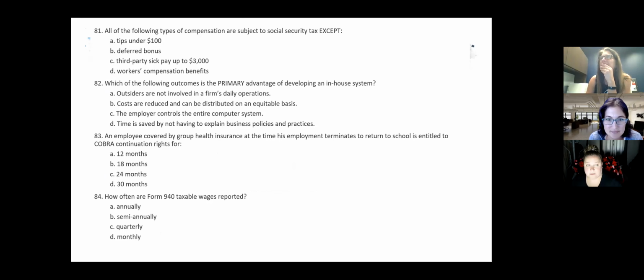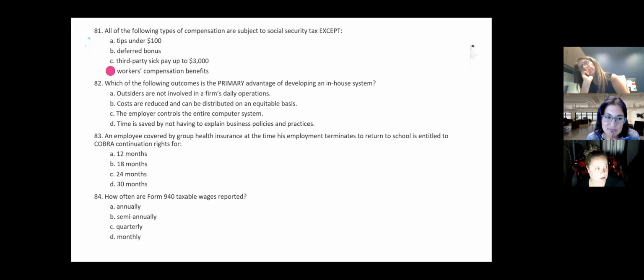All of the following types of compensation are subject to Social Security tax except. It is D, workers' comp.